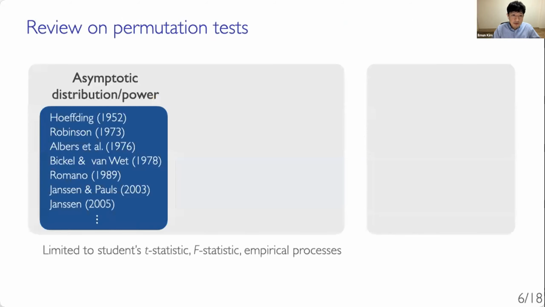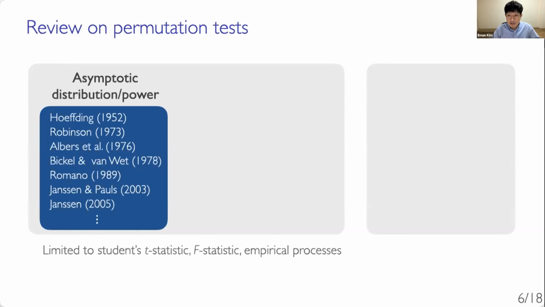Okay, so as I said before, there have been several studies on the asymptotic power of the permutation test, which can date back to Hoeffding in 1952. In this line of work, people study the limiting distribution of a permuted test statistic, building on some techniques such as the combinatorial central limit theorem, and present an asymptotic power expression of the permutation test.